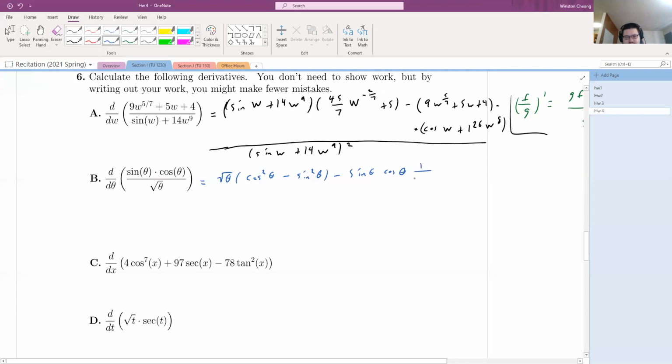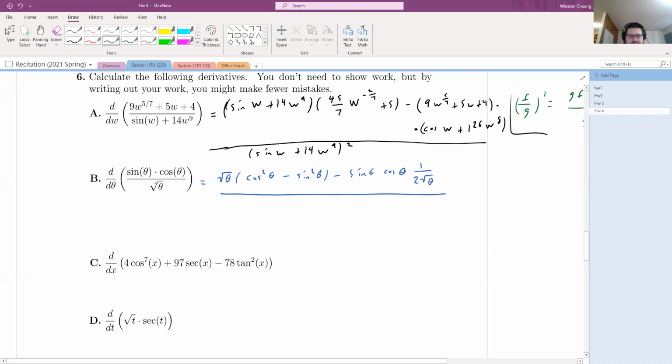And if you're used to the pattern, you will immediately write that as the derivative of the square root of a function or of some variable, right? If you don't immediately know that, then you remember that square root is a 1/2 power. You use power rule, so then you get 1/2 theta to the negative 1/2 power. But then if you rewrite it, you'll end up getting that.